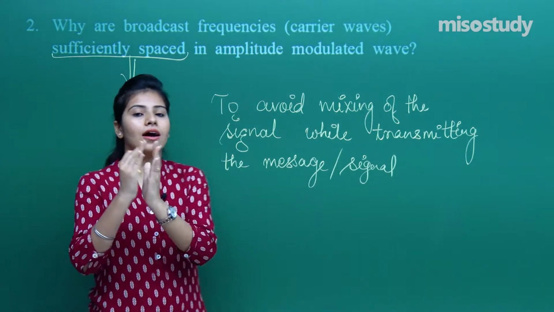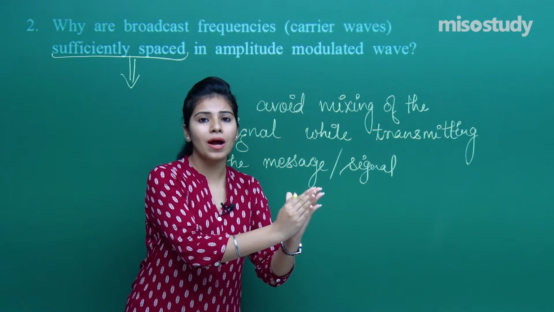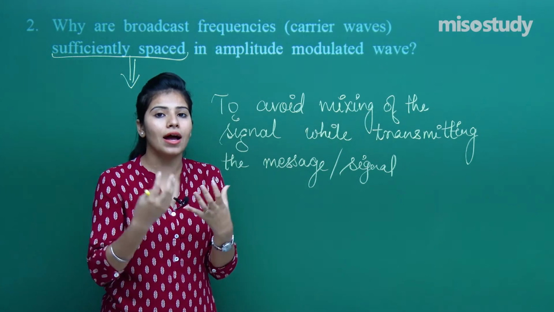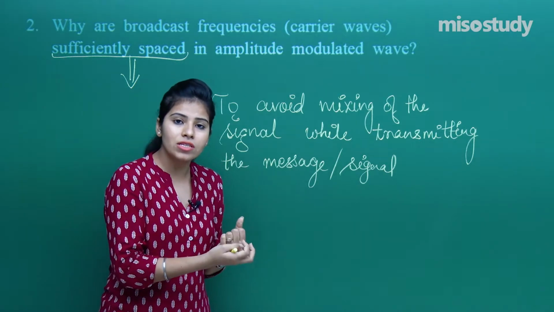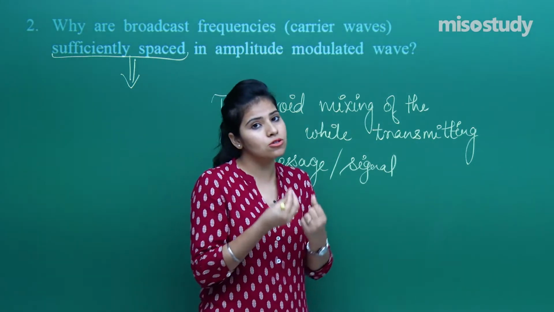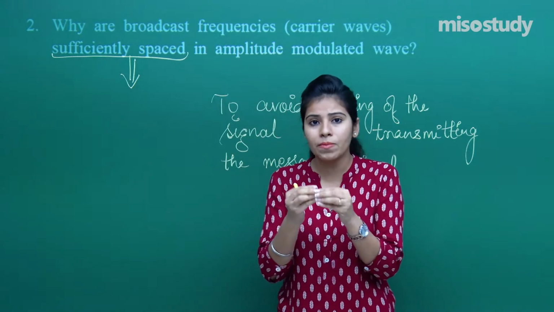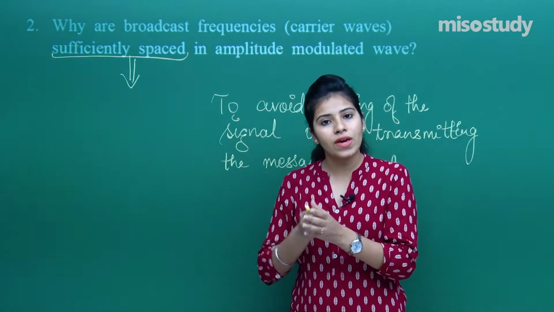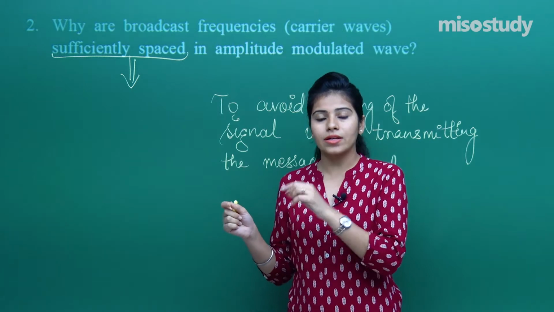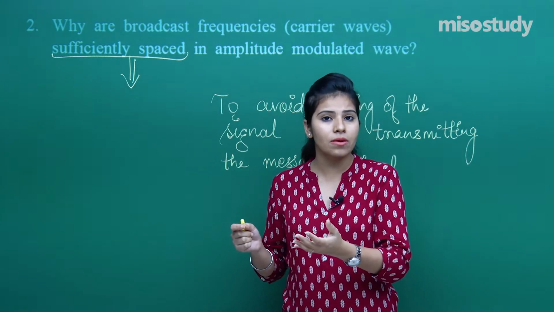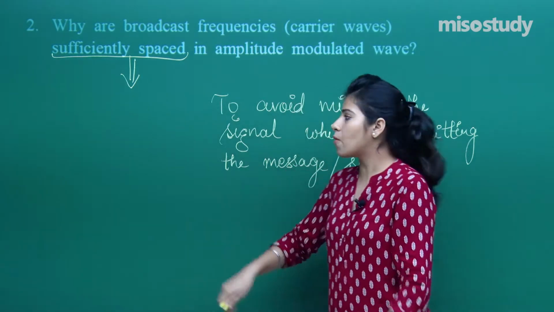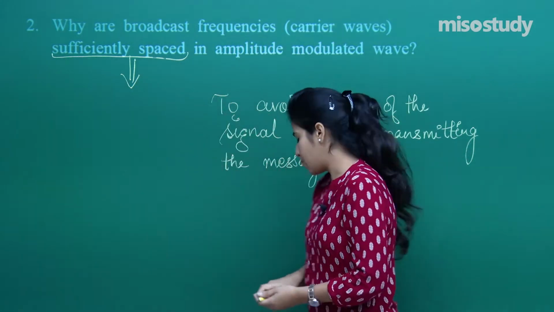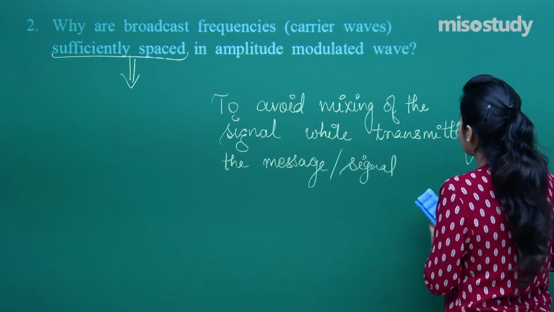That means they are very much distant apart so that they do not get mixed up while transmission, because at the moment the waves are transmitting, the message is transmitting, so there is a possibility your message will be mixed up, because during that session there will be a number of waves transmitting, and there will be a possibility that they get mixed up. So to avoid the mixing up of the waves, we provide a sufficient space between them. Okay?